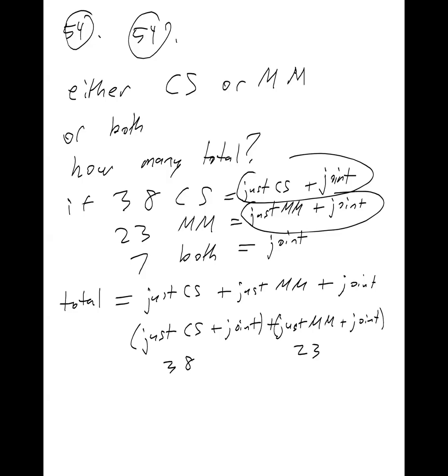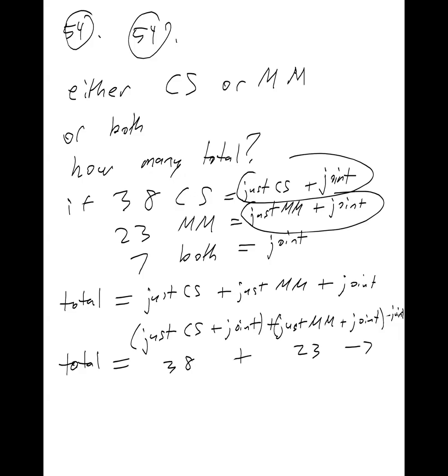Since I have two copies of the word joint in that, if I subtract one joint, it'll cancel out the extra joint and I'll just be left with just CS plus just MM plus joint, which does equal the total, right? So that number can be broken down into 38 plus the 23 minus the 7, and that actually does equal the total. So the total equals 38 plus 23 minus 7.